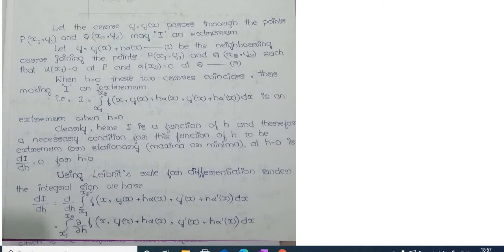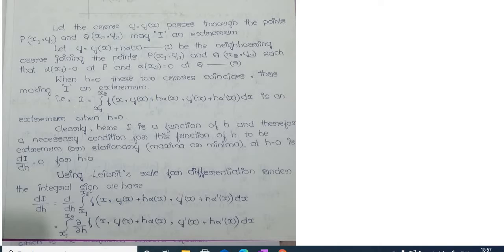When h equal to 0, these two curves coincide. That means here you can observe 0 into anything is 0. Then at that time both curves' equation becomes y equal to y of x. That's why when h equal to 0, these two curves coincide, thus making I an extremum.